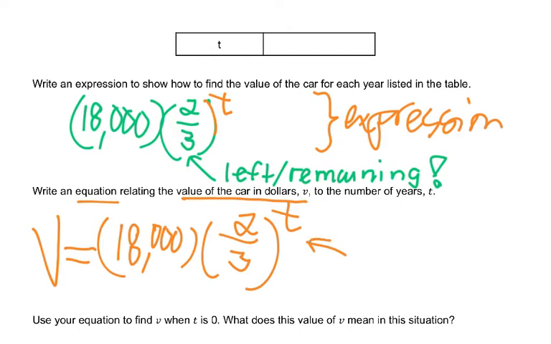T represents the years, the time. How many years have I owned the car? How am I going to figure out what its value is after 10 years? Well, if I want to know what it is after 10 years, I'm going to plug in 10 right there for t.